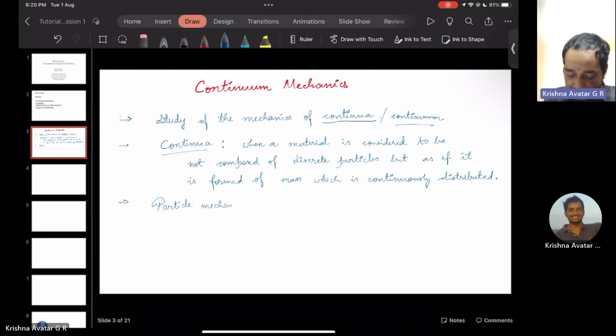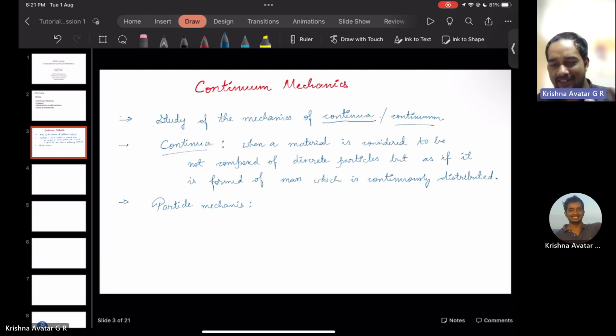We won't be able to use the theories derived from particle mechanics, because we won't be able to solve a system of equations with equations for trillions of particles, isn't it?